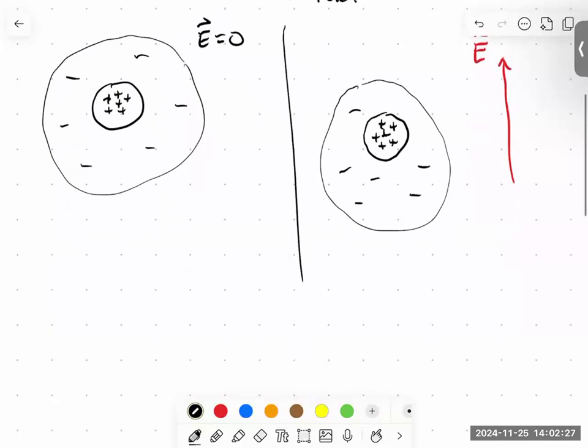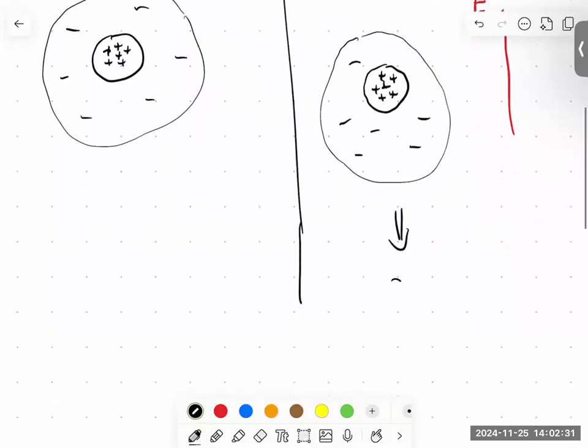And then we can model that as kind of like this little pill where on average, there's more positive charge near the top end than negative charge. And so for this little separation of charge, we're going to define a dipole moment. We can associate with this some kind of distance between the positive and negative charge.